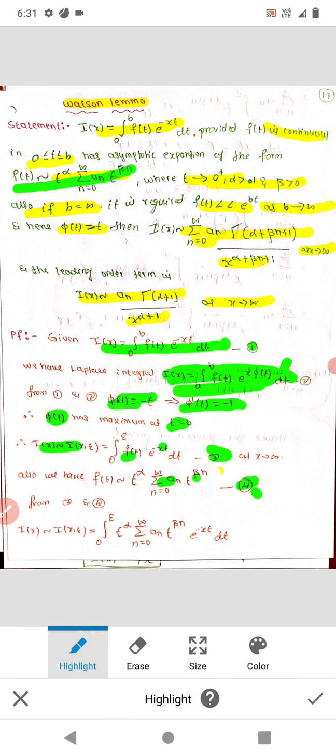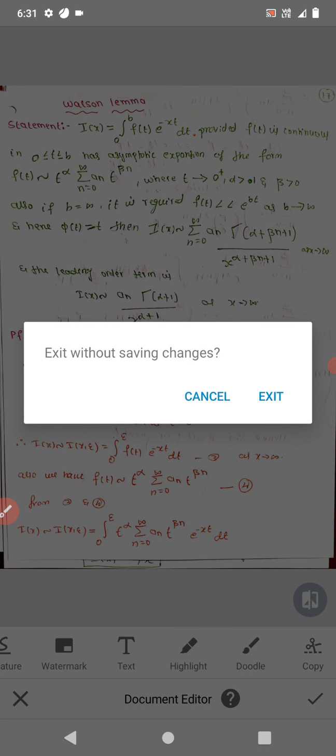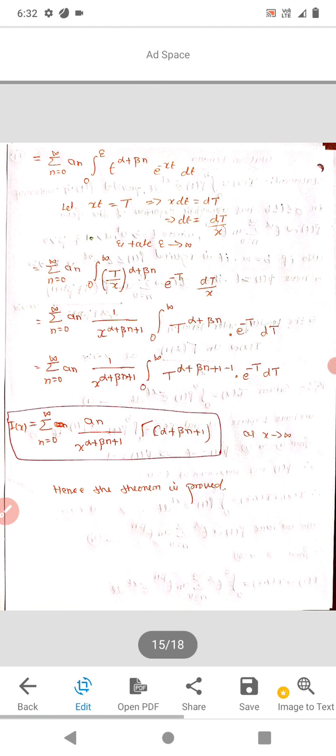Now from equation 3 and equation 4, we can write I of x is approximated to I of x comma epsilon, the integral of t to the power alpha summation n equals 0 to infinity a n t to the power beta n e to the power minus xt dt.